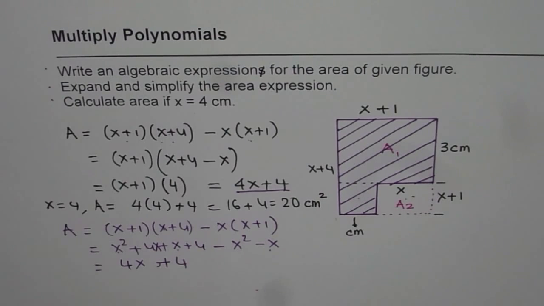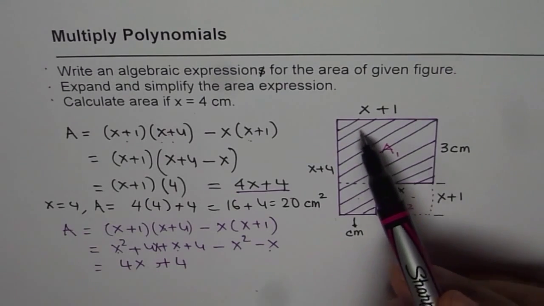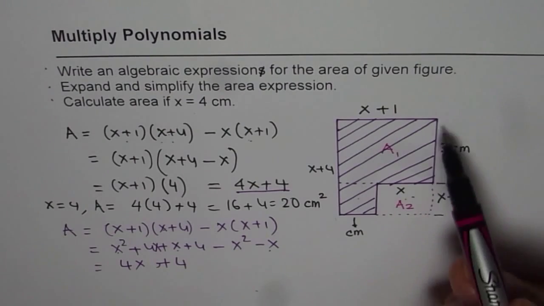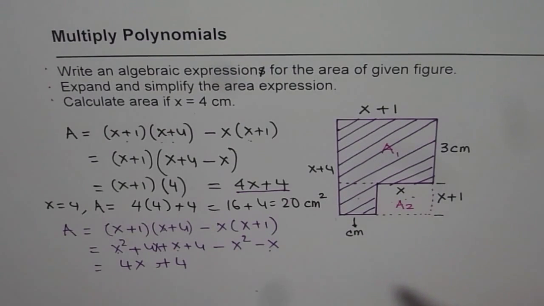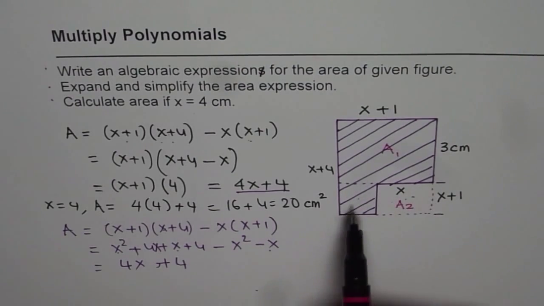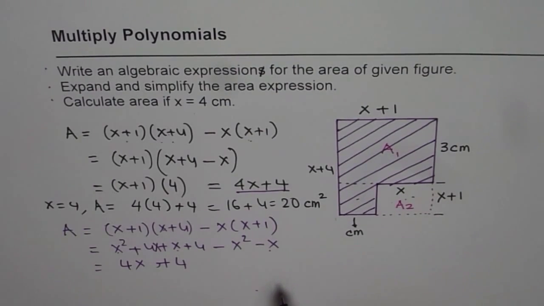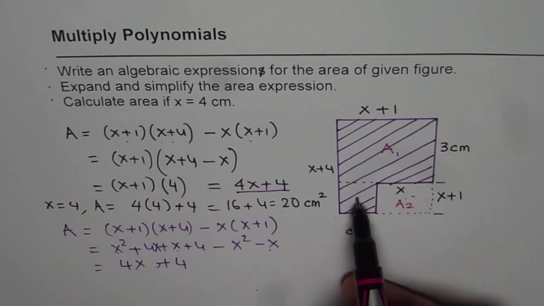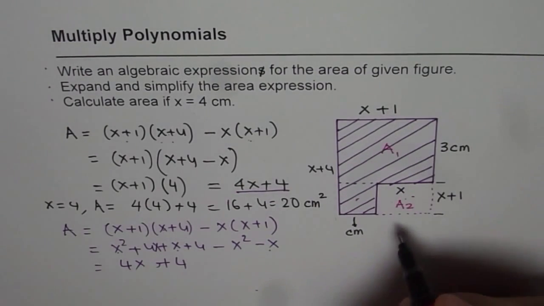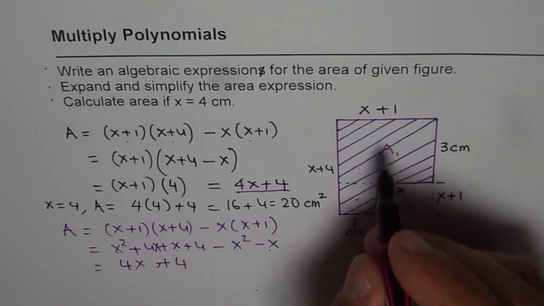In this question, while solving, we learned a couple of things. First, we could have written this expression for area in two different ways. I adopted this method of total area minus this. You could do the area of this rectangle plus the area of that rectangle. x plus 1 times 1 is the area of this rectangle, and x plus 1 times 3. Let me write down that expression here to help you.